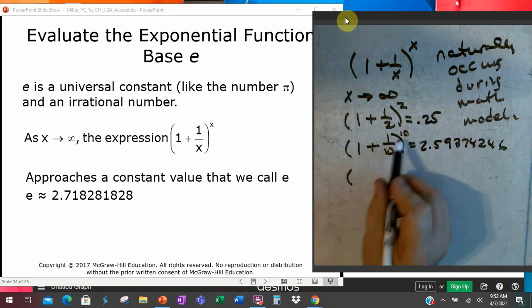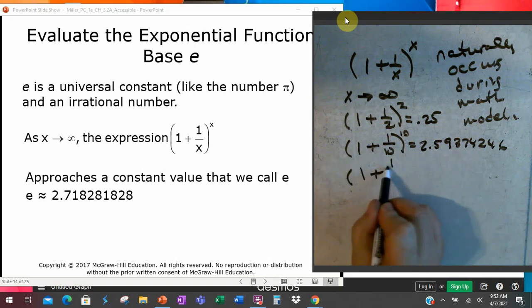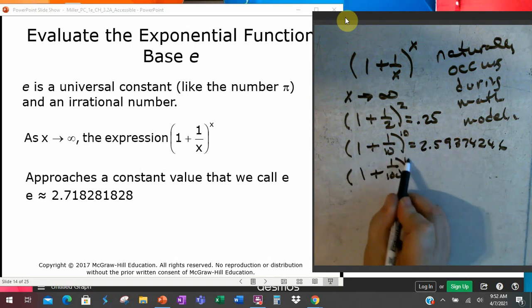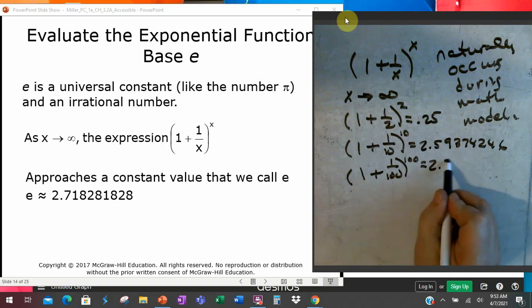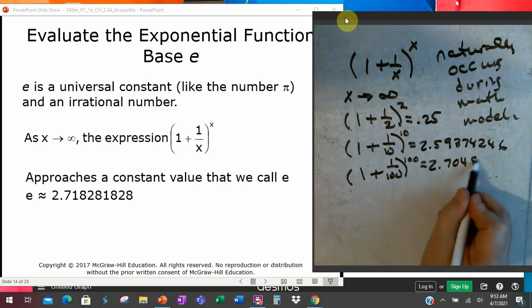Now what I'm going to do is jump up to 100. And if I do that calculation, I get 2.7048.